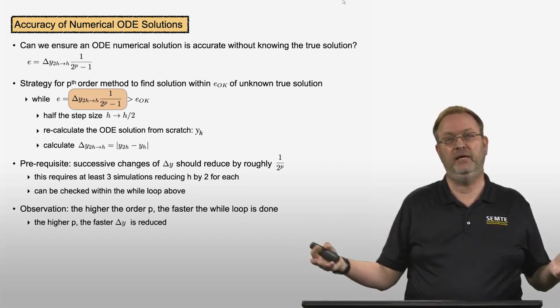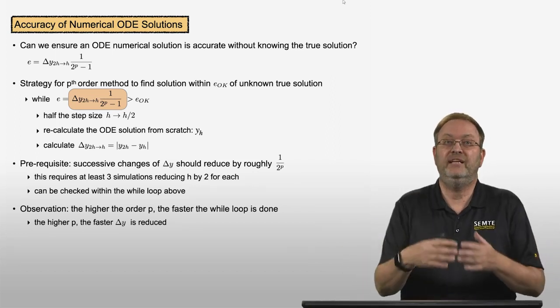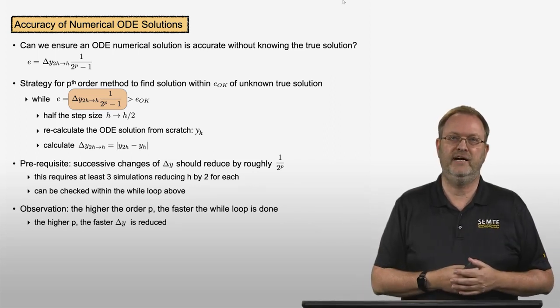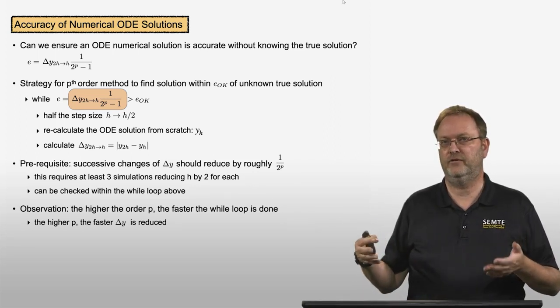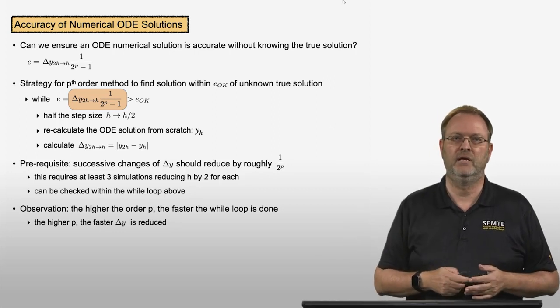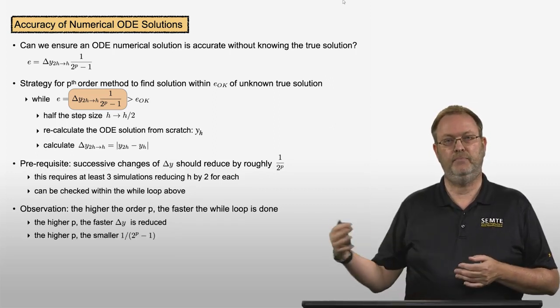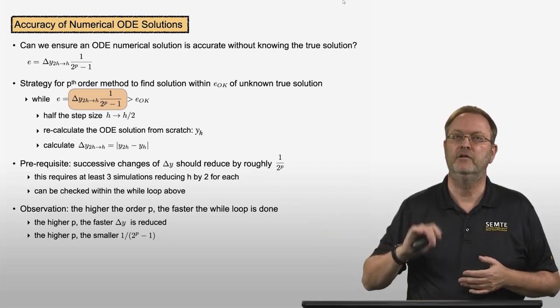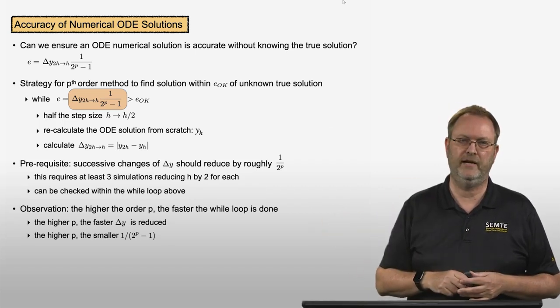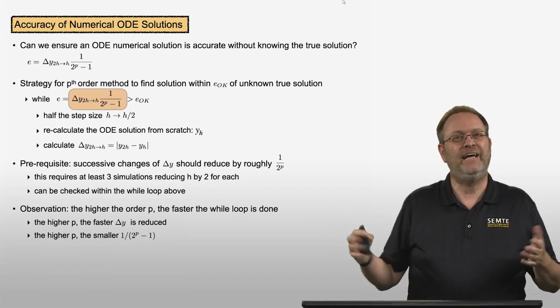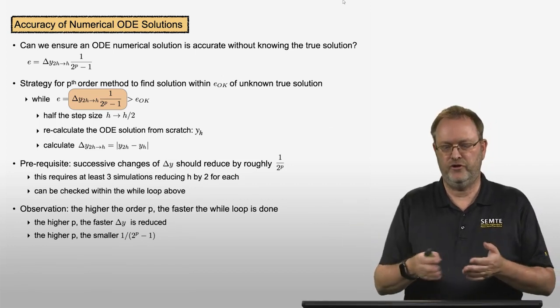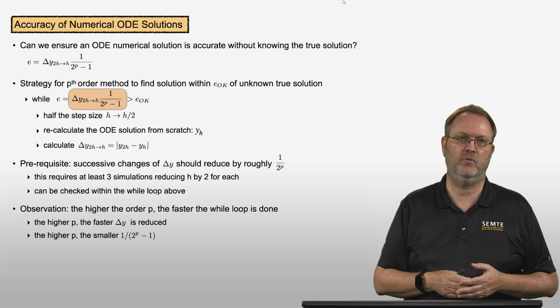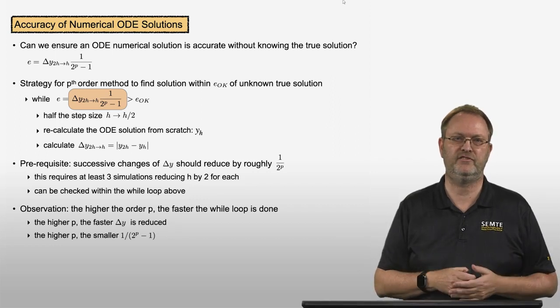Well, the higher the p, the faster the delta y's are reduced, right? Because they get reduced by a factor of 2 to the power p. And the higher the p, the smaller that ratio is, 1 divided by 2 to the power p minus 1, right? So higher order p methods would converge this faster, this while loop, make it true faster.